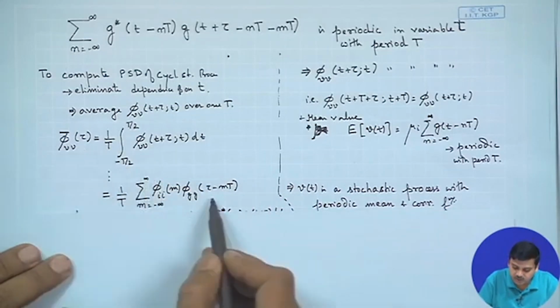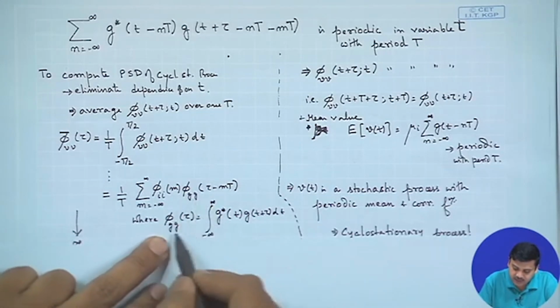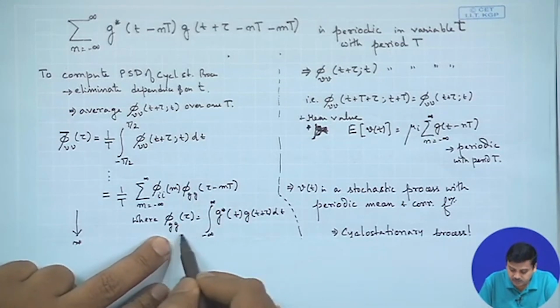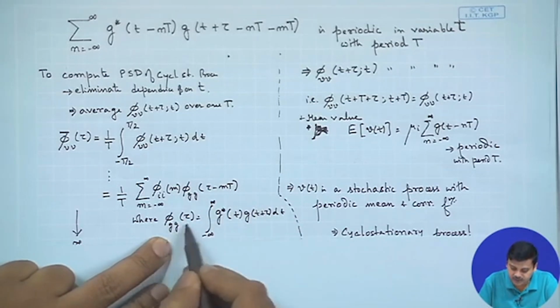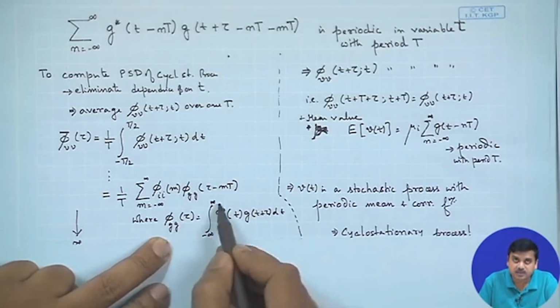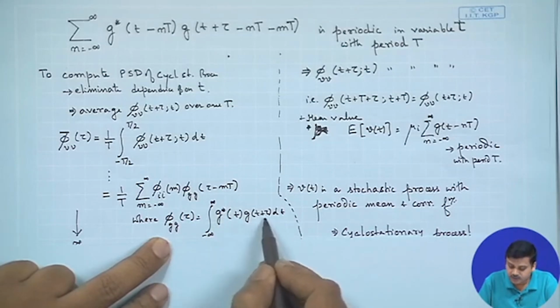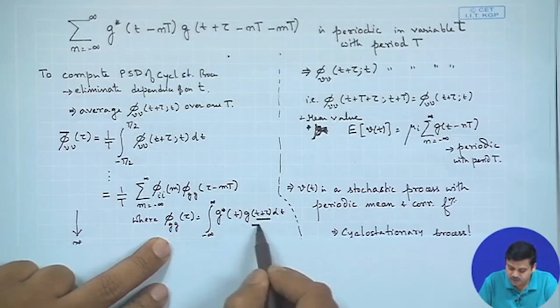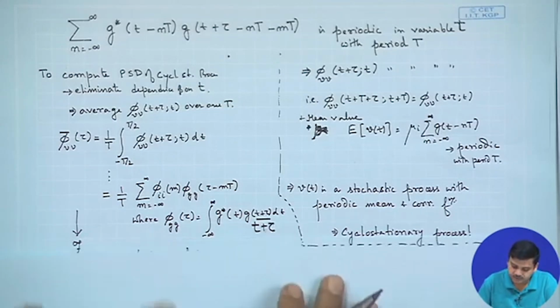It is dependent on tau, and of course, phi_gg, that is the autocorrelation of the pulse, is given by this particular expression, which is phi_gg of tau is the integral from minus infinity to infinity of g conjugate of t times g of t plus tau dt, right.